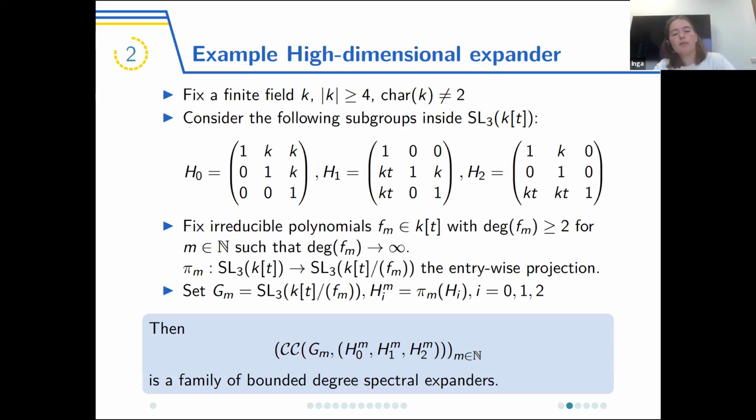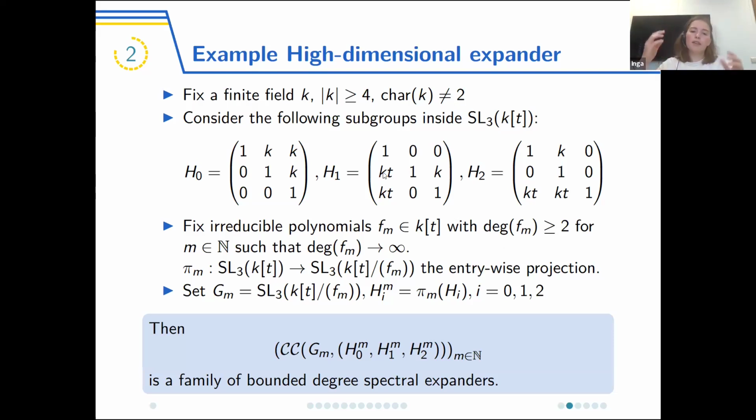Now, which groups do we plug into this construction tool? Well, we start by fixing a finite field of size at least 4 and characteristic different from 2. We look at SL3 over the polynomial ring in one variable over that field. And we consider these 3 subgroups that don't come out of nowhere. They come from our Kac-Moody-Steinberg groups in the end.